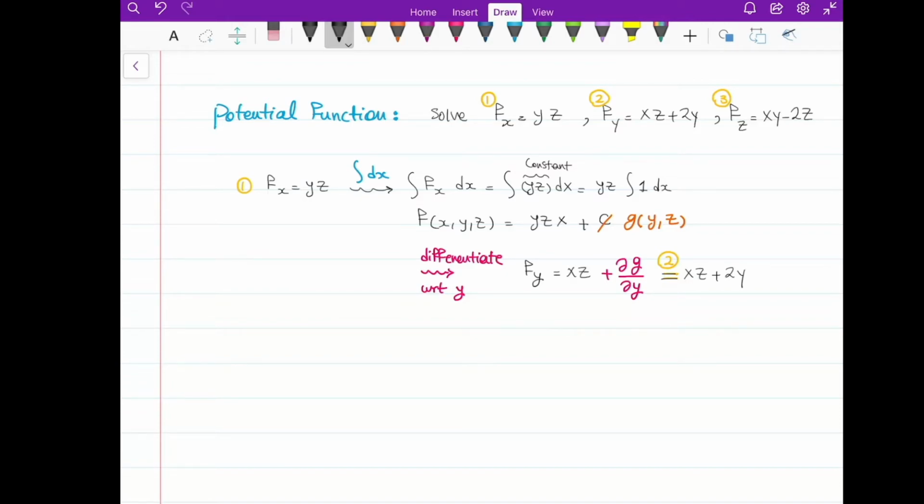And so xz in here is going to be cancelled out with xz in here, and that's why I get the partial of g with respect to y is equal to 2y. Very good. Now I'm going to take the integral of both sides with respect to y. I have g with respect to y in here, and then I'm taking dy, and it's equal to the integral of 2y dy.